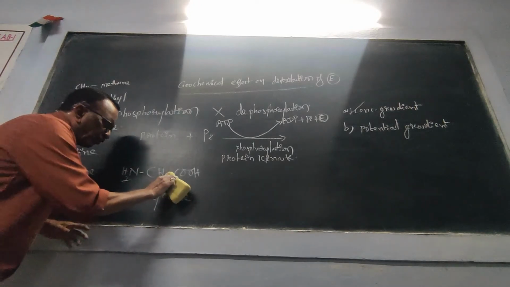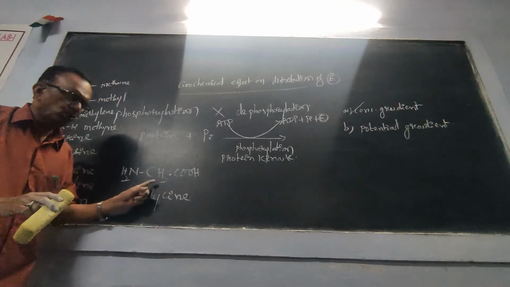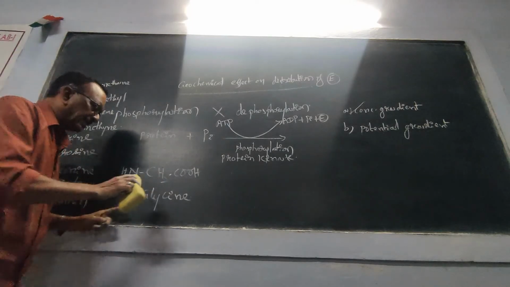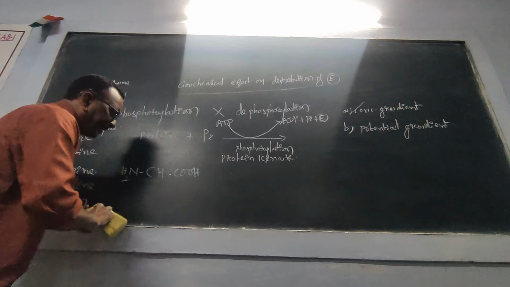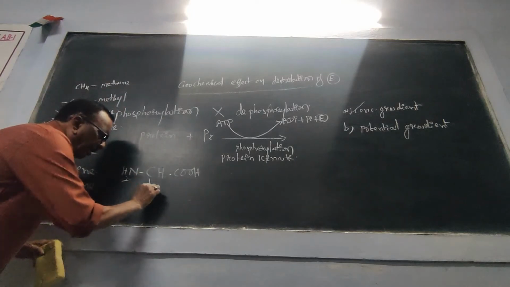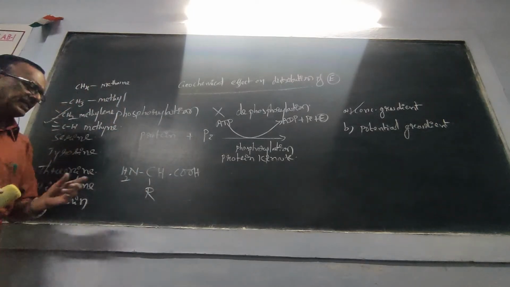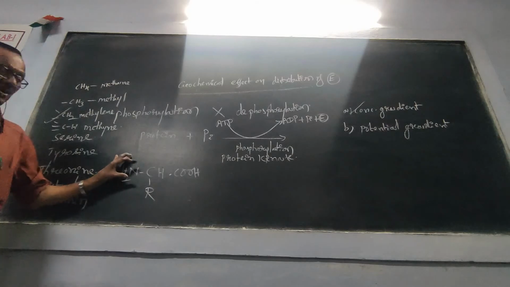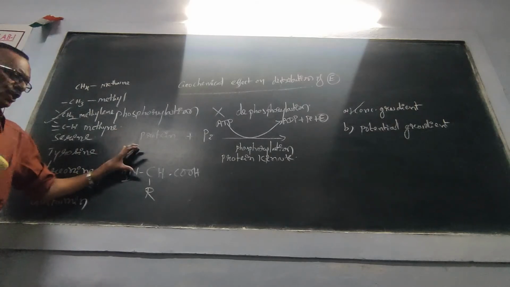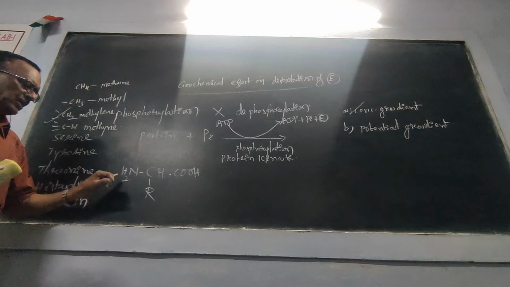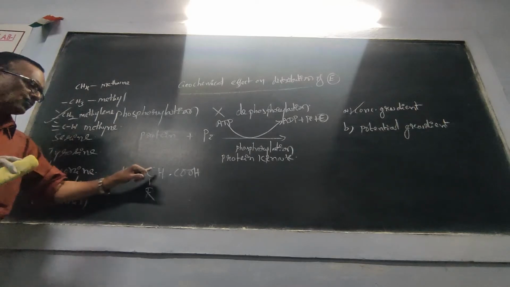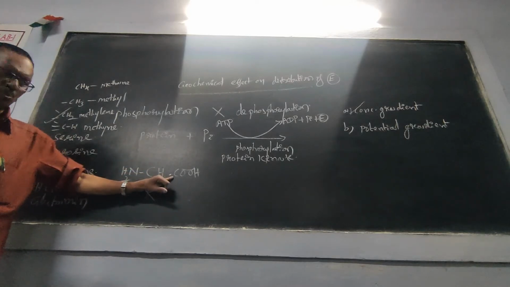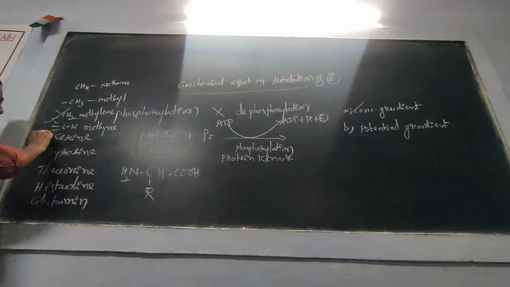If it is CH2, you call it glycine. Suppose I remove one H and write R, an alkyl group, then it is the general formula of an amino acid. So an amino acid must have an amino group as well as a carboxylic acid group.